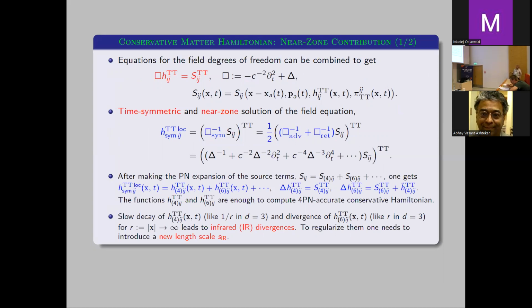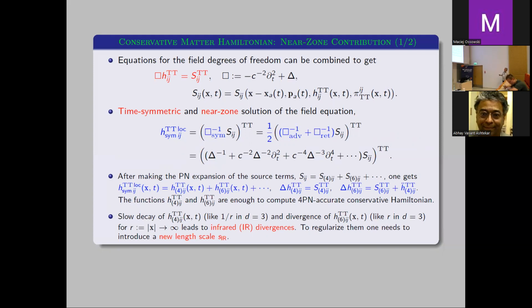Okay, but now we need these time symmetric solutions. So again, here we have the field equations for h^TT. And if we need the time symmetric solution, as I have said, we should use this half advanced, half retarded Green function. But to compute this, we have to make the next step. Namely, we have to expand this formally in the post-Newtonian manner.